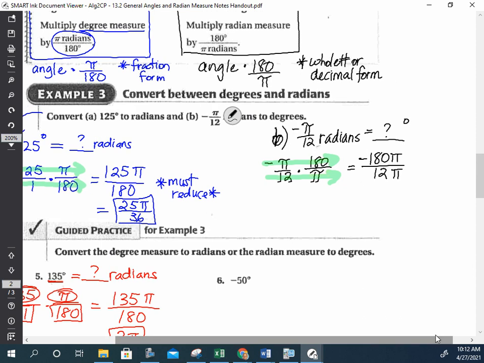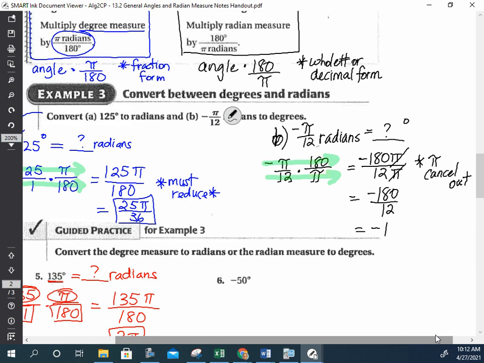Notice that there's a pi at the top and at the bottom, so pi cancels out. So that's negative 180 over 12. It should give you negative 15, but I'm not going to guess.